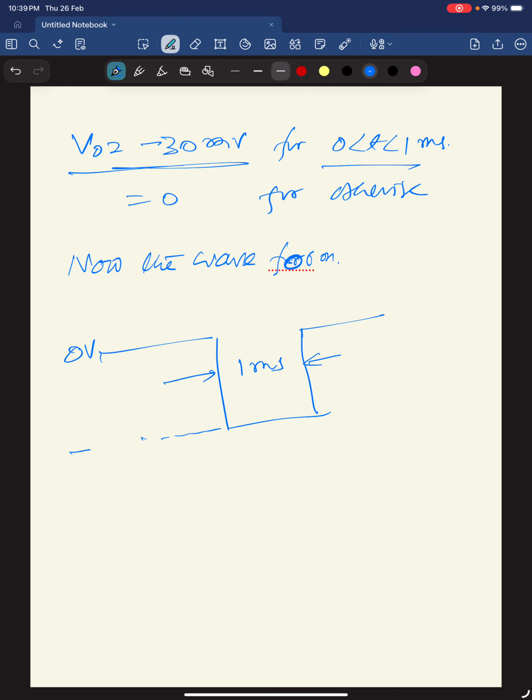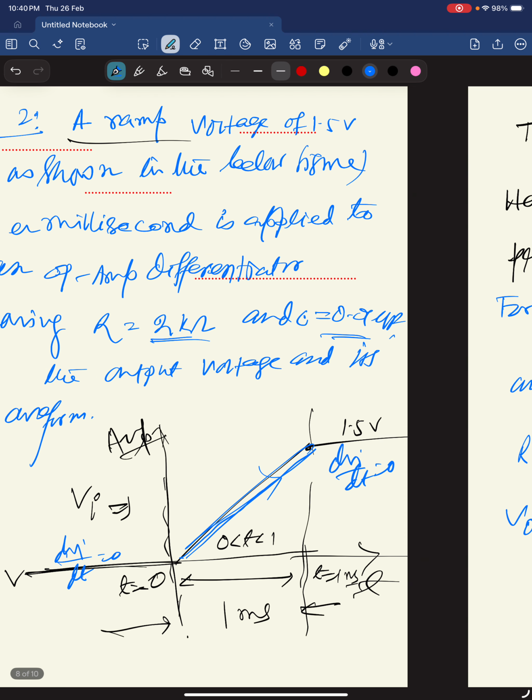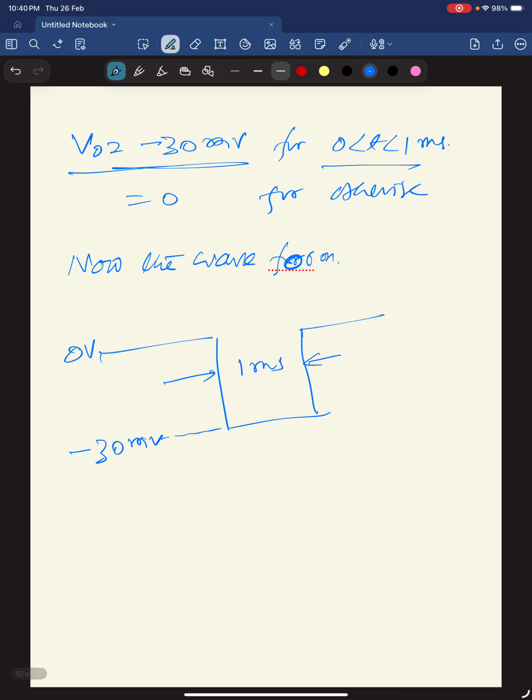This amplitude is minus 30 millivolt. This is the case. So this is problem number 2. Now we'll go for problem number 3. So these are very interesting problems.